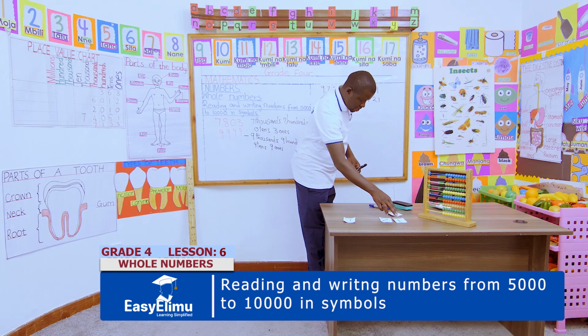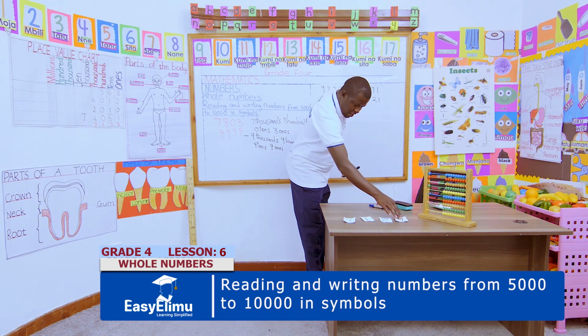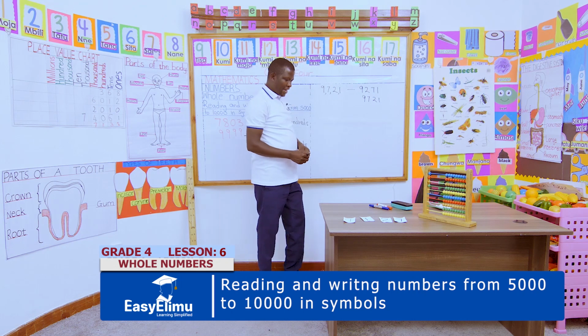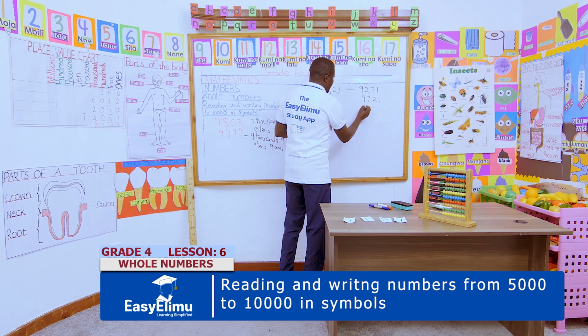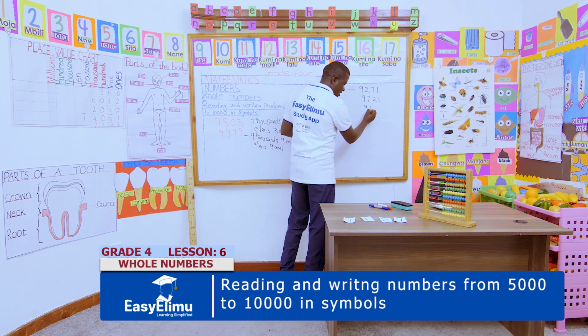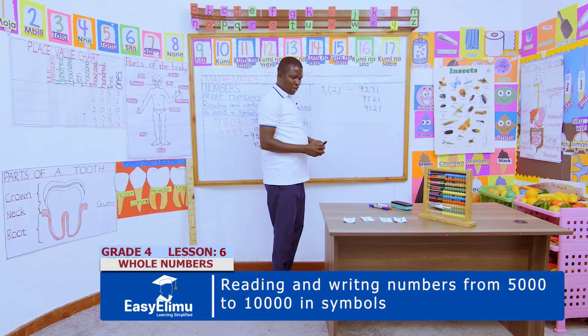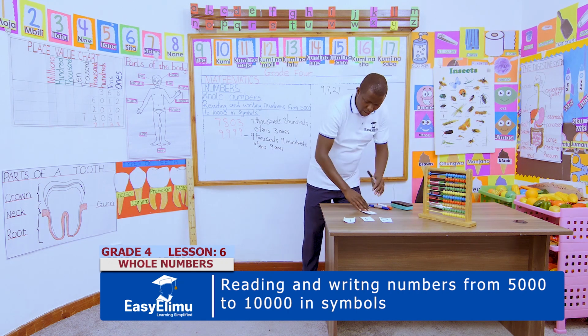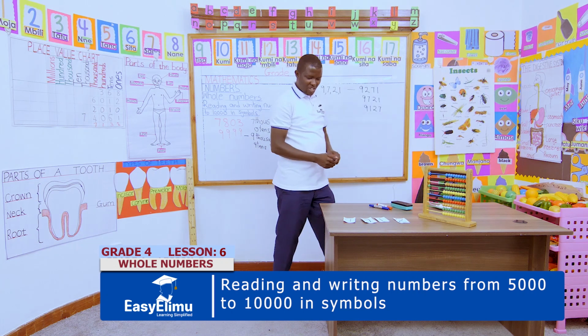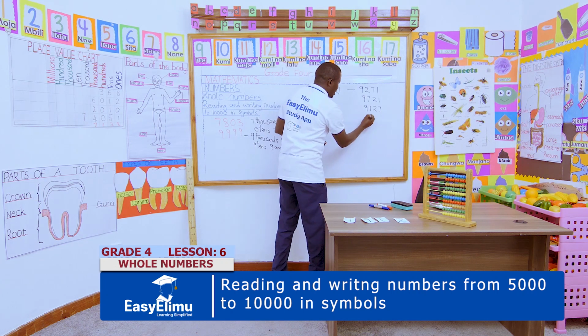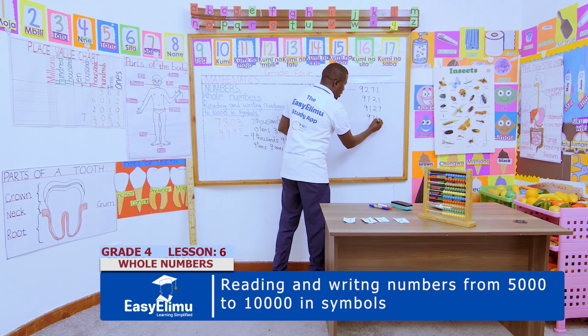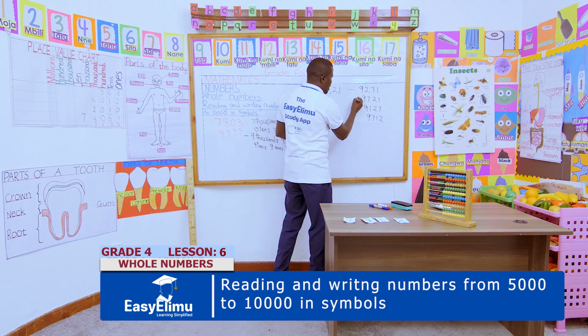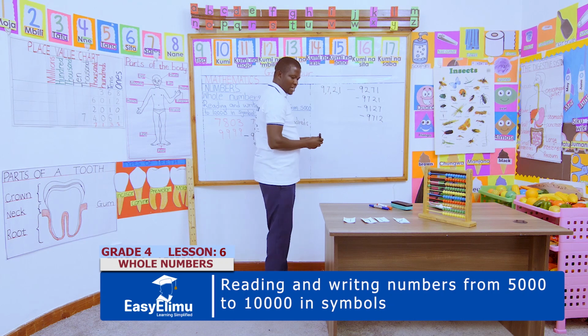We remove this one, we input this one, and that one will be 9, 1, 2, and 7. And the last number we can form, we still continue to jumble them like this, so the last one will be 9, 7, 1, and 2. These are the 4 numbers that we have formed from these digits.